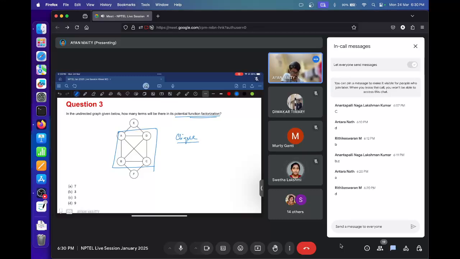And to find out the potential function factorization, we have to find out the max cliques. So a max clique is a clique which cannot be extended any further. For example, this can also be considered a clique of this undirected graph, ABC, because A is connected to the other two nodes B and C within this subgraph.